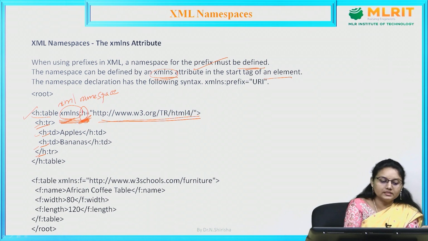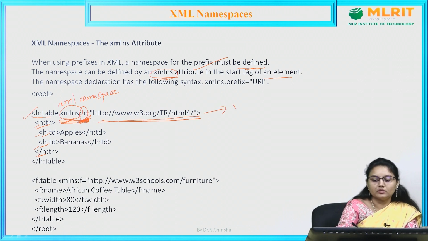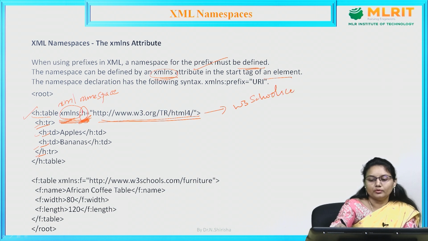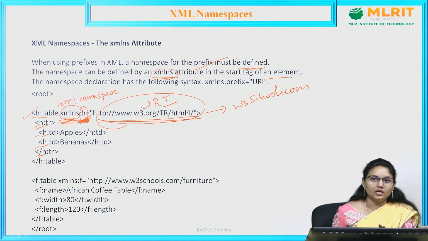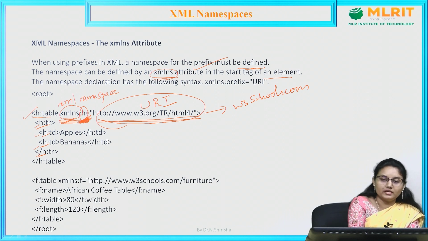This is the reference, we have taken it from w3schools.com, so you can refer more from there also. Here, this URI, Uniform Resource Identifier, we are trying to define what is my H namespace in this table tag.